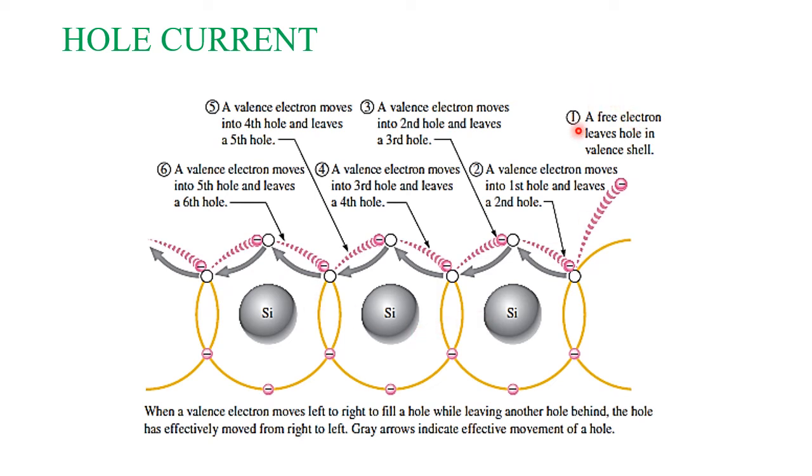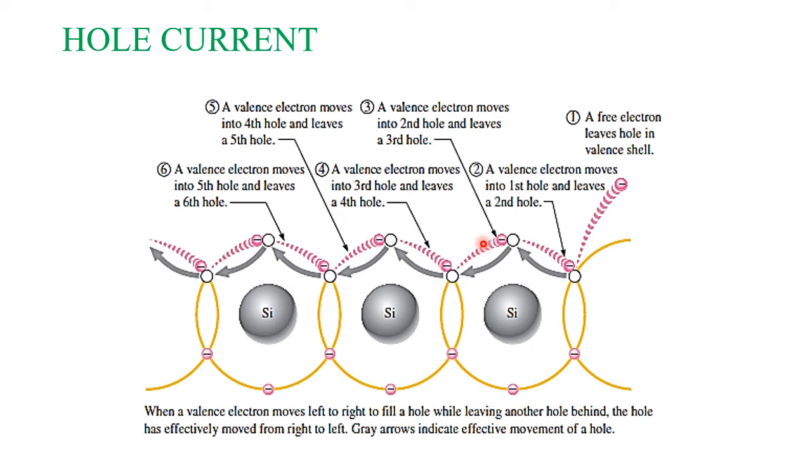Normally this is the first instant. A free electron leaves a hole in the valence shell. So a free electron leaves the valence shell and obviously reaches the conduction band. When it leaves like this, there is a hole. A valence electron moves into the first hole and leaves a second hole. So here, this is the valence band. The electron moves from here to here and leaves a hole here. Subsequently, a valence electron moves into the second hole and leaves a third hole.